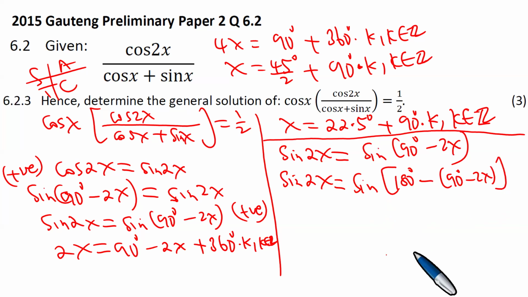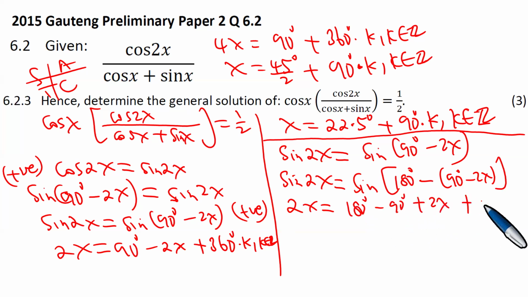Because 180 minus is in the second quadrant, and 90 degrees minus 2x is an angle in the first quadrant, 180 minus will take us to the second quadrant. Meaning we have 2x equals 180 degrees minus 90 degrees plus 2x plus 360 degrees by k, k in Z.